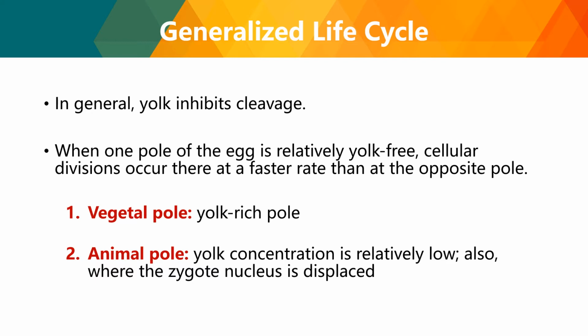In an egg, the yolk-rich pole is called the vegetal pole. The animal pole, on the other hand, has a relatively low yolk concentration, and this is where the zygote nucleus is located.